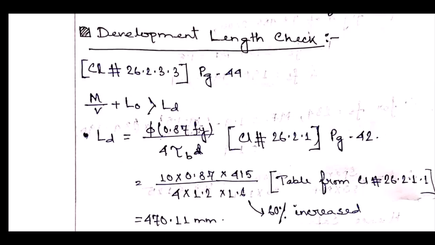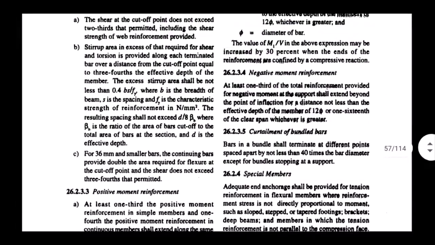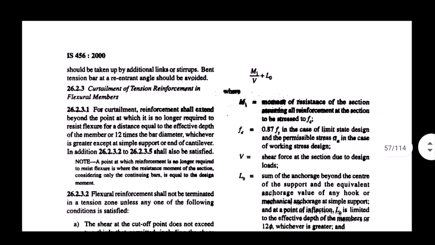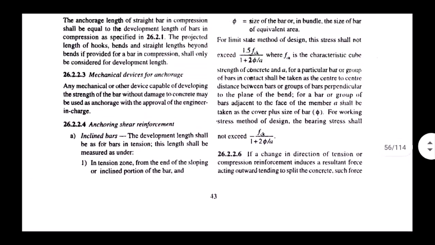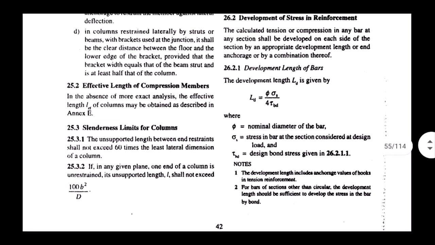Let's check the formula first from the code. Here is the formula on page 44: M1 by V plus L0 should be greater than LD. For LD, clause number 26.2.1 gives the formula.